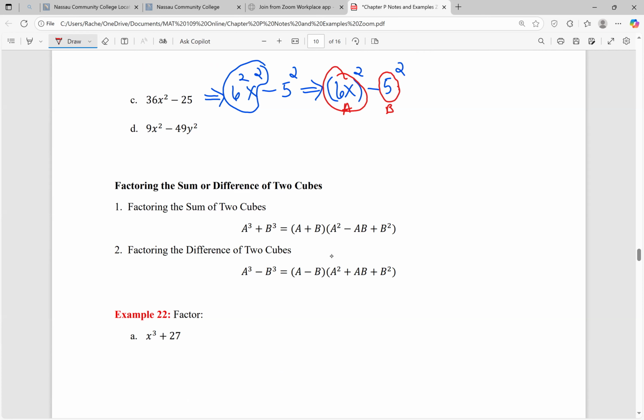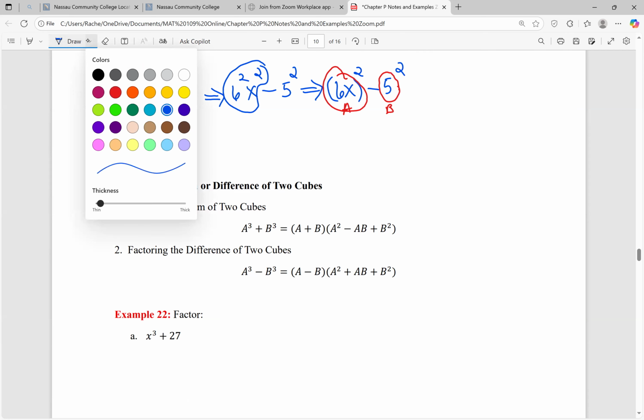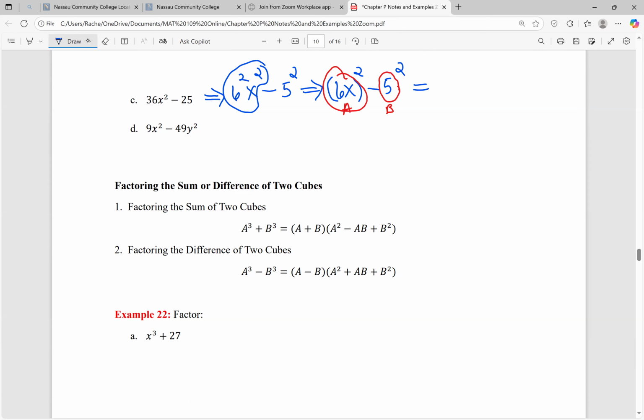So I have a squared minus b squared. So the way I'm going to factor that is a plus b, right? So 6x plus 5, and then times a, which is 6x, and then minus b, so minus 5. So my factored form is going to be 6x plus 5 times 6x minus 5.